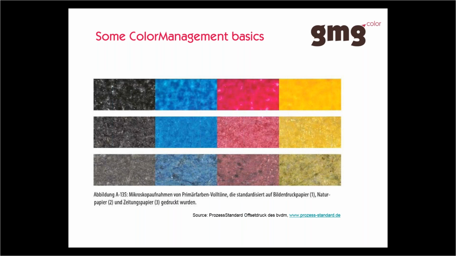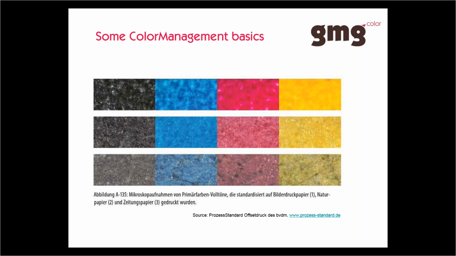Here we have a nice magnifier view on different offset printing results. On the top we see offset coated, in the middle we see offset uncoated, and the lower one shows the print on newspaper. If we would now measure the difference between the several magentas, yellows, cyans, it might be a tremendously high delta E. I guess somewhere between 10 and 20 delta E maybe.